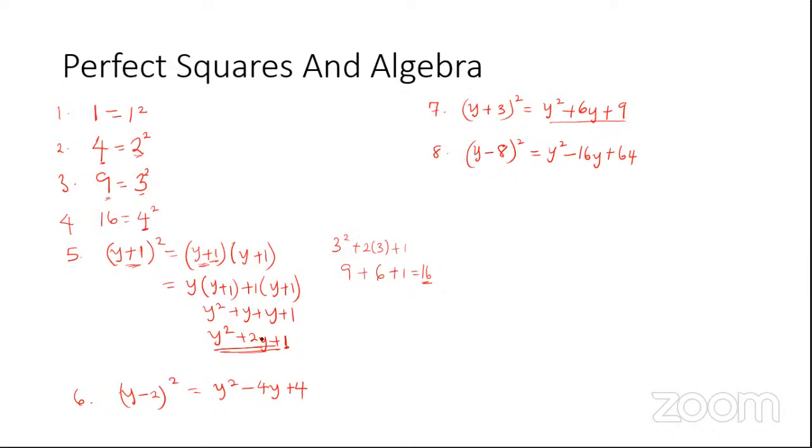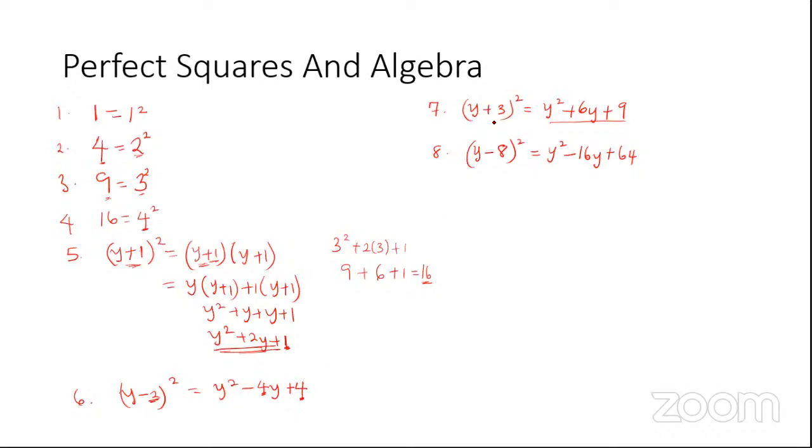When you divide it by 2, you get 1. Square the 1 to give us 1. Do the same thing for this. Minus 4, divide it by 2. You are going to get minus 2. Even the minus you got is the 2 here. Square the minus 2, you have 4.